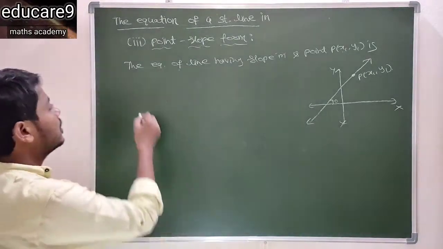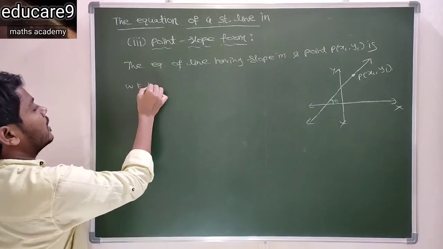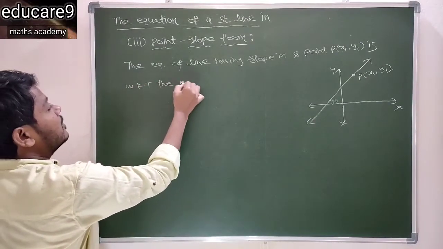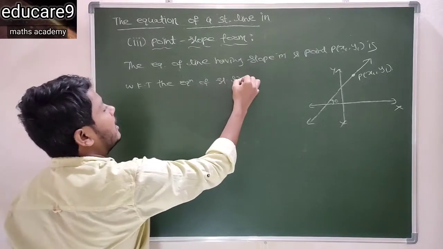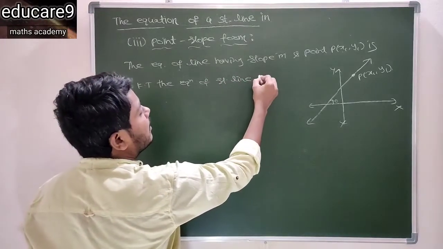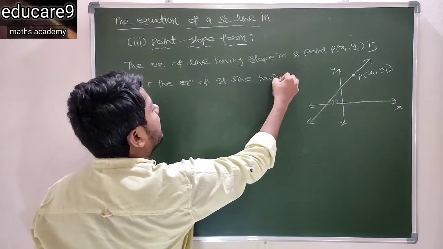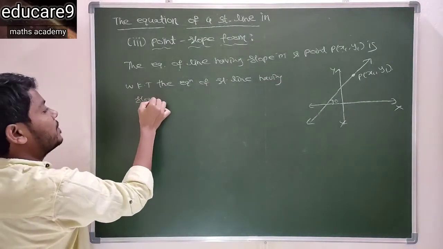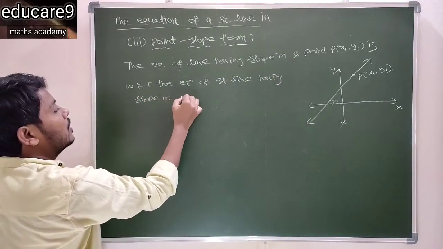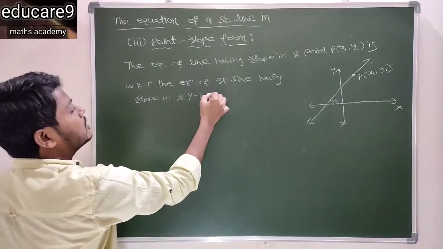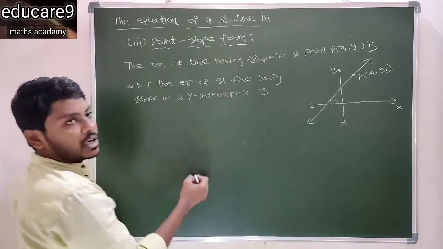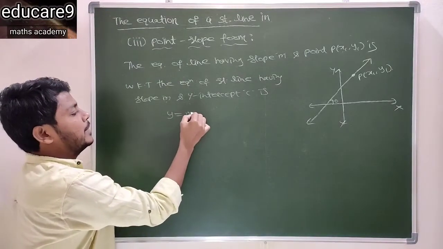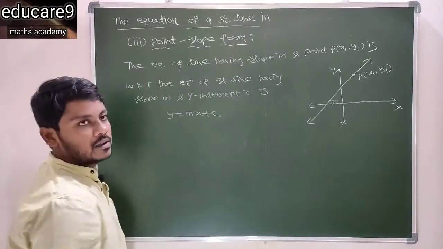So see here, you know that the equation of a straight line having slope m and y-intercept c is y is equal to mx plus c. Okay.